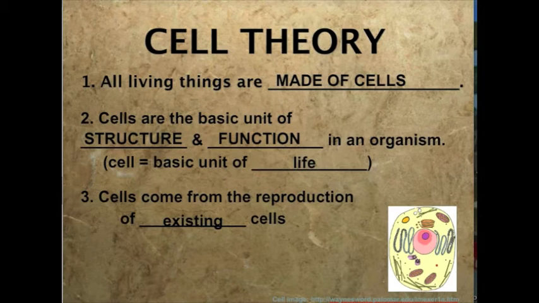Essentially, this could be summarized by saying cells are the basic units of life. And then lastly, the piece that came about the latest and the one that was debated the heaviest was, where do cells come from? Cells must come from the reproduction of existing cells. They do not just spontaneously arrive.